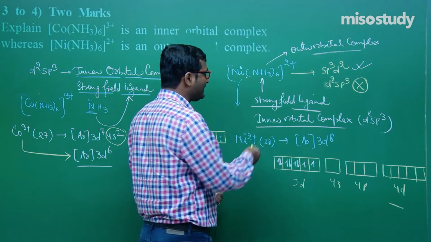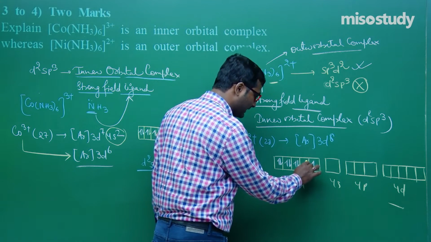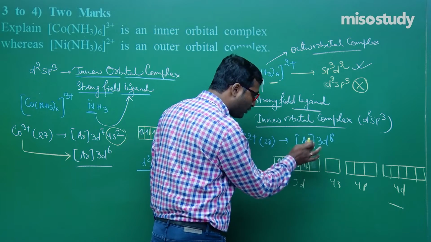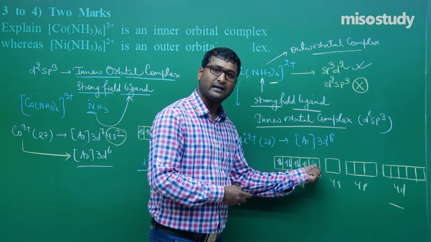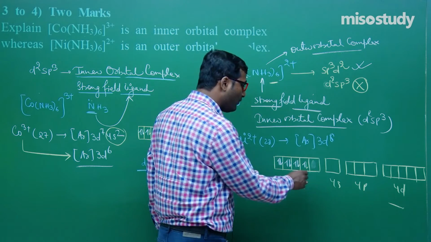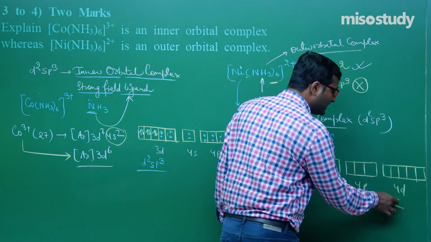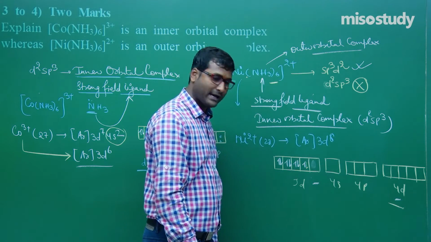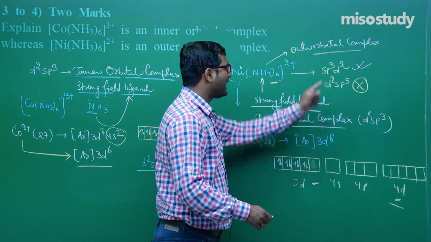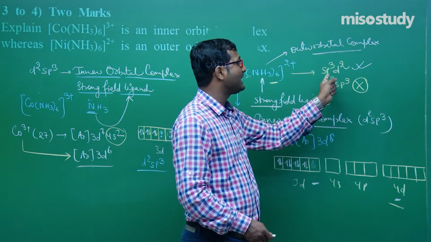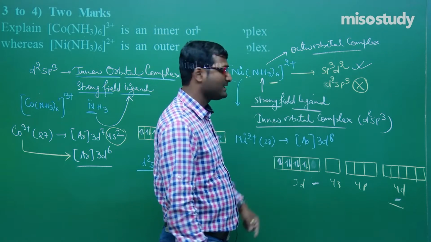Now NH3 is a strong field ligand, so definitely it will pair up like this. If it pairs, only one d orbital is vacant, but we need at least 2 d orbitals, either from 3d or from 4d. Again I am repeating, because the hybridization would be either sp3d2 or d2sp3, because the coordination number is 6.